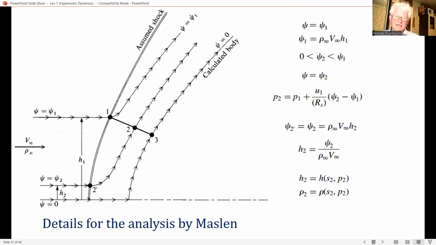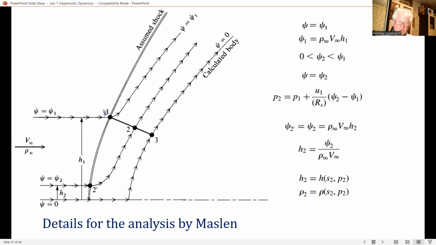First, assume a shock wave shape as shown in this figure. In this sense, Maslen's method is an inverse method, where a shock wave is assumed and the body that supports this shock is calculated. Hence, all flow quantities are known at point 1, just behind the shock.